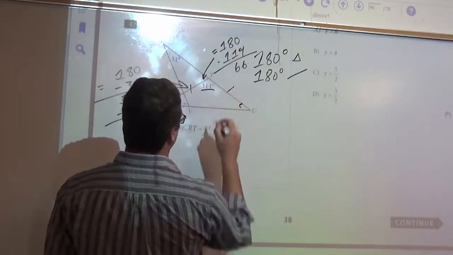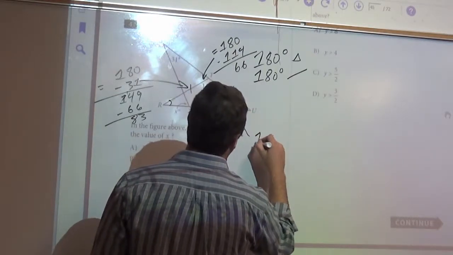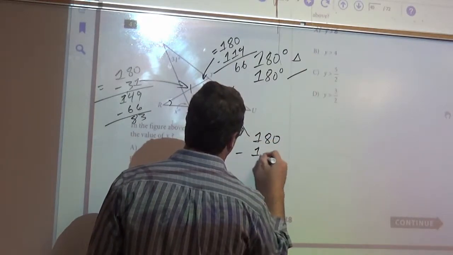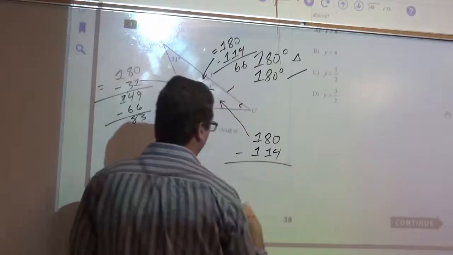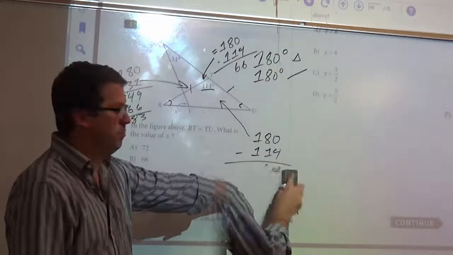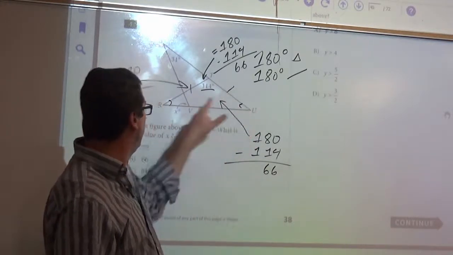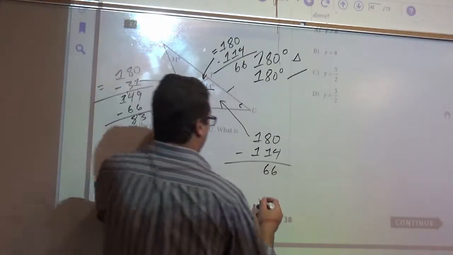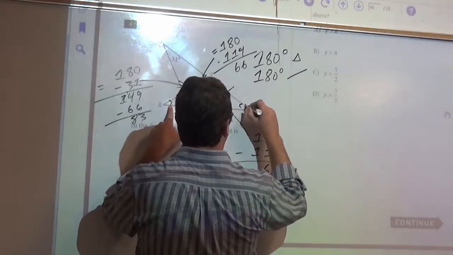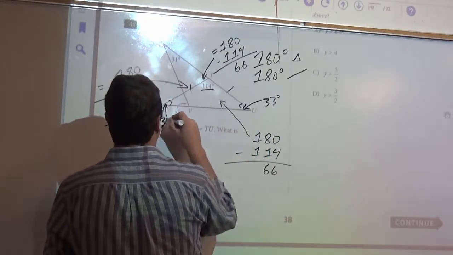So if this is 114, for this triangle, 180 minus 114, that means I've got 66 degrees left for my triangle between this angle and this angle. So if I divide that by 2, this is 33 degrees, this is 33 degrees.